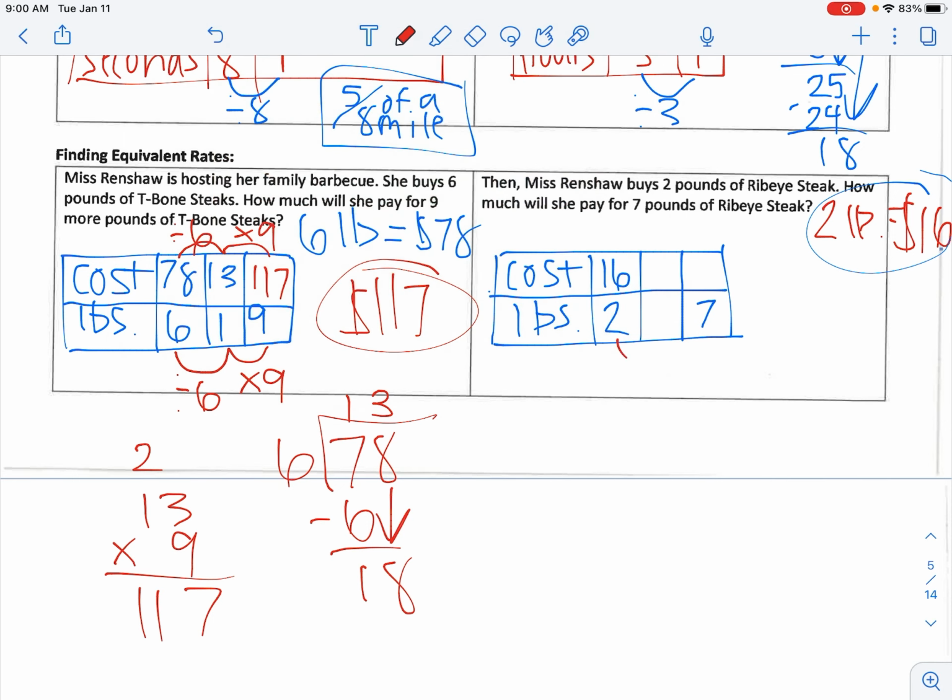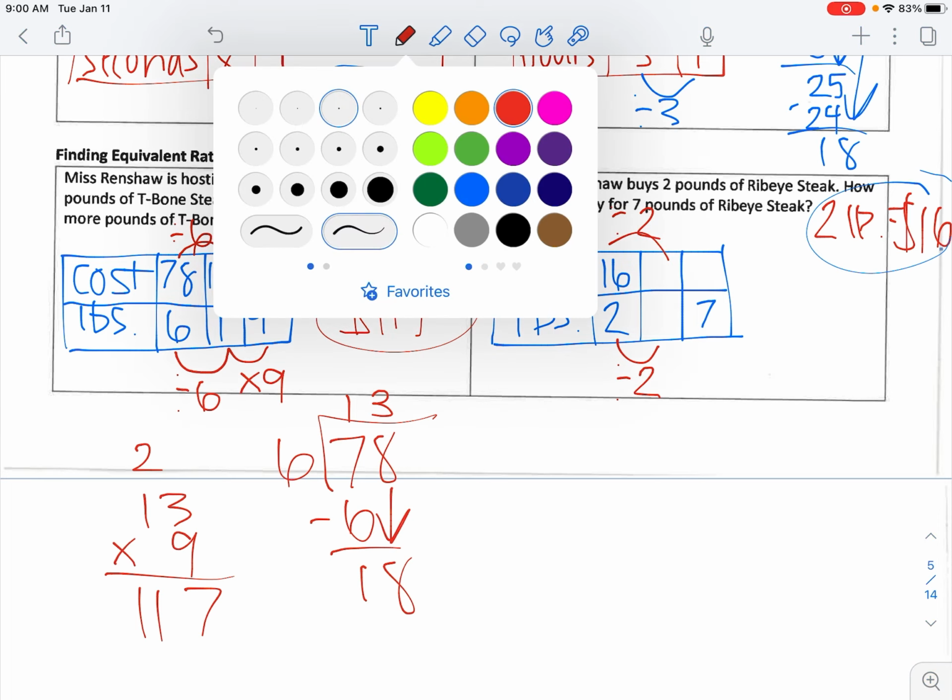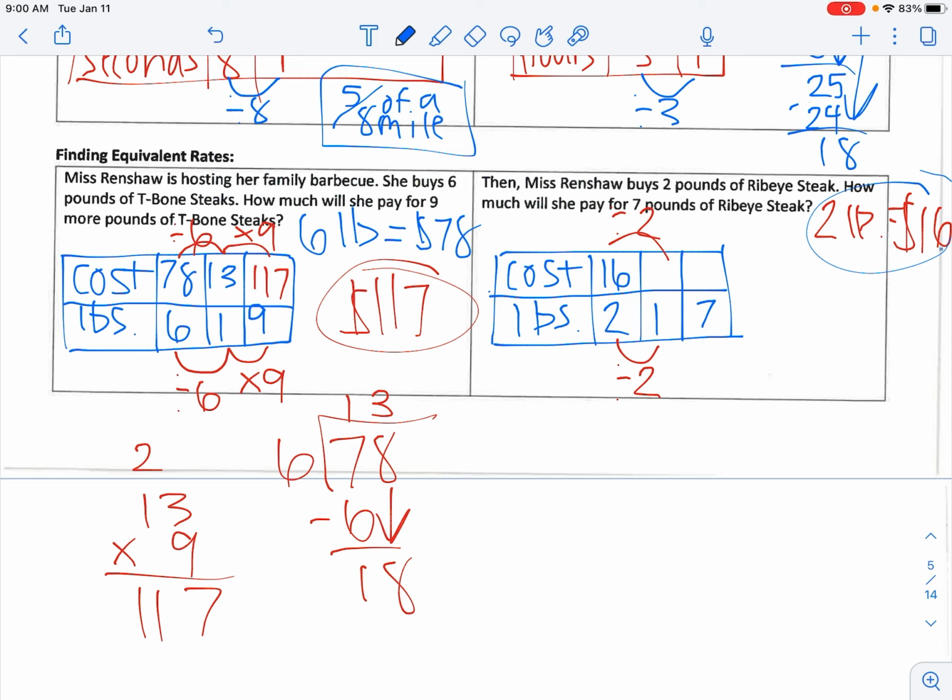So I'm going to divide 2 by 2 to get to 1, because 2 divided by 2 is 1. And to get my unit rate, I have to have a denominator of 1. So then on top, I do 16 divided by 2, which is 8. And then, how do I go from 1 to 7? I multiply by 7.